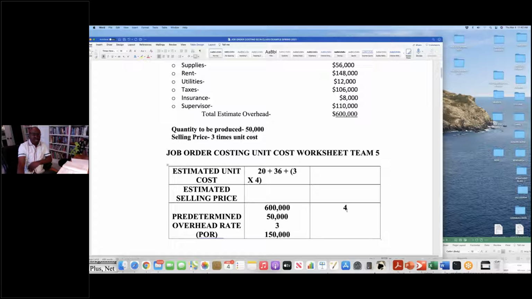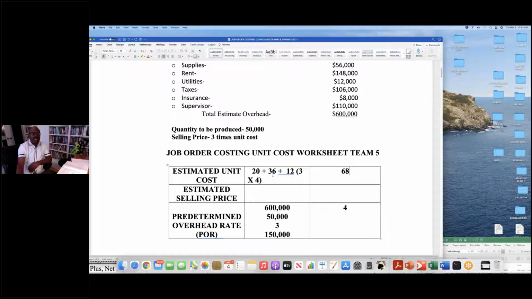And that's going to give us unit overhead cost, which is what? 12. I'm just putting 12 in, so everybody be clear. And then once we get the 12 in, what's this cost? 68.